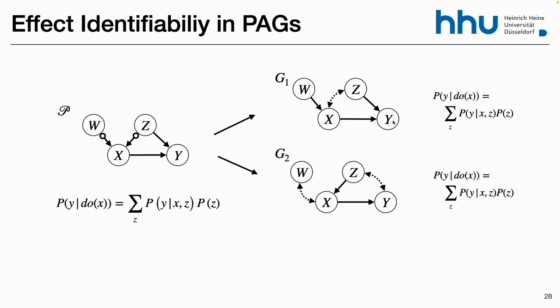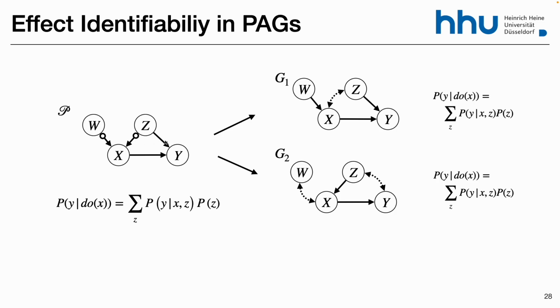However, the effect of X on Y is identifiable. The meaning of the edges in the PEG is just ancestral relationships, and you see that this is a definite non-collider. Here it's a non-collider, here's a non-collider. I would never have bidirected edges here and here at the same time. So I know that conditioning on Z, I would never open a path. That's why it works.